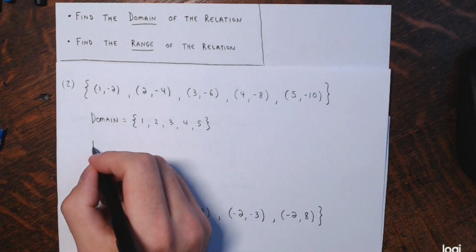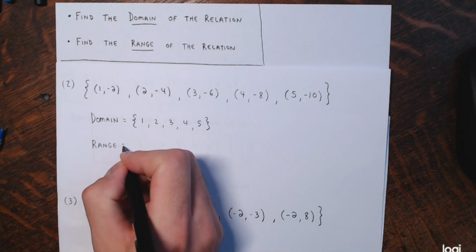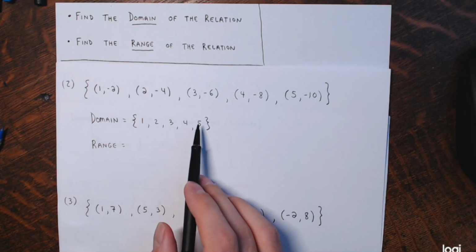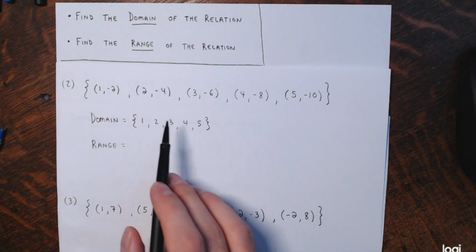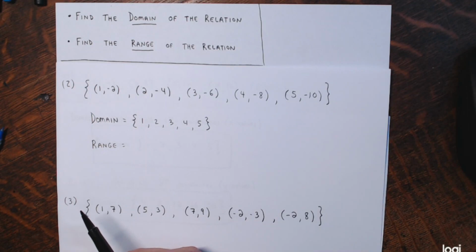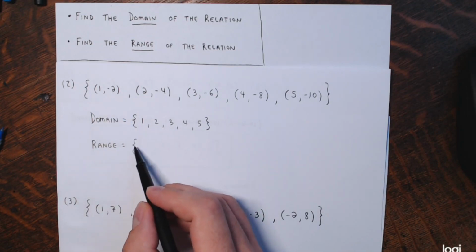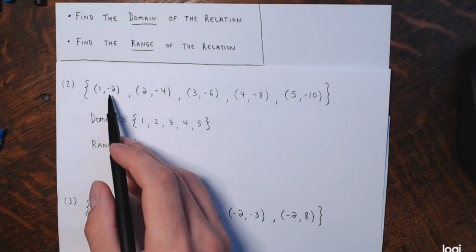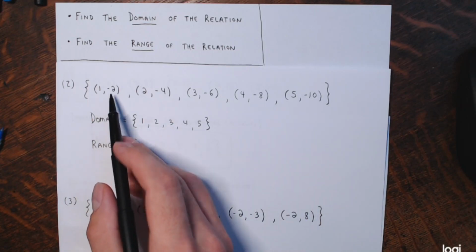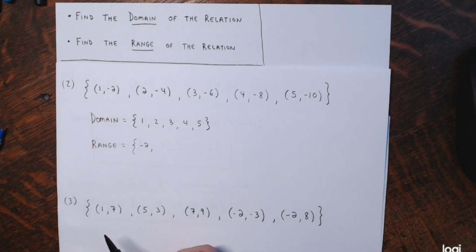Alright, and the range, again, very simple. The domain was the set of all the x coordinates. The range is the set of all the y coordinates, the second coordinates. So again, it's a set, so I put the curly braces. And then for the first ordered pair, the y coordinate is -2, so -2 belongs to the range.